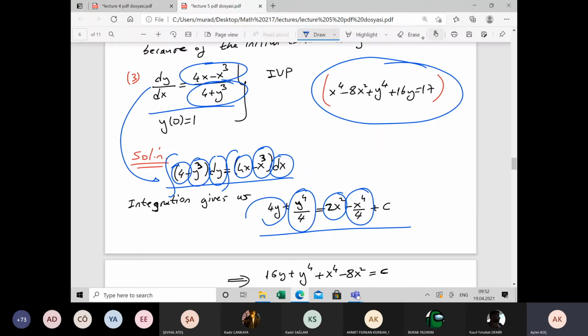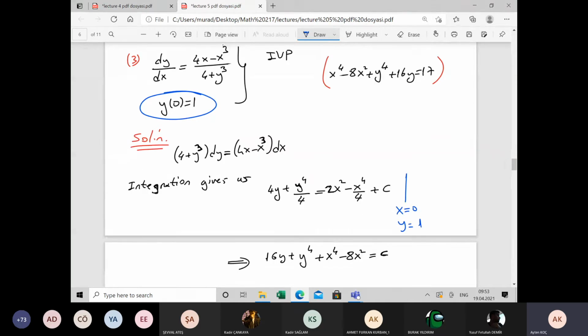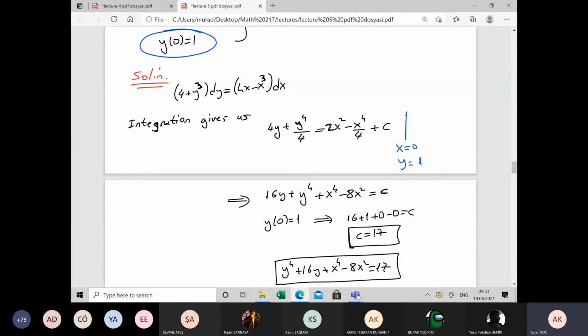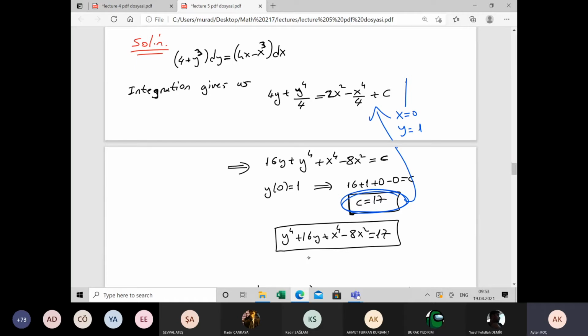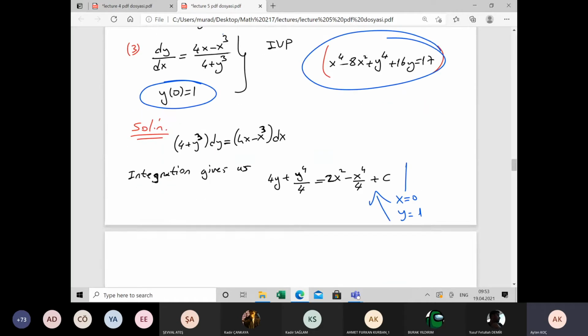But here we have one initial condition, so substitute x is 0, y is 1 here. It's okay. So we obtain the value of c. C is 17. It's okay. And then substitute the value of c here, and we obtain this one. So we obtain our solution.